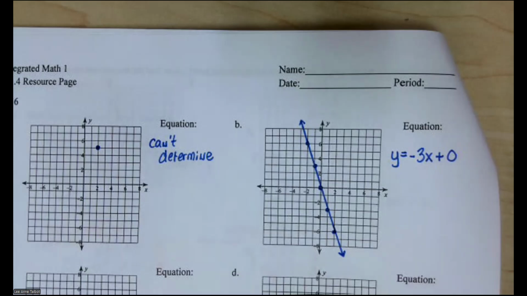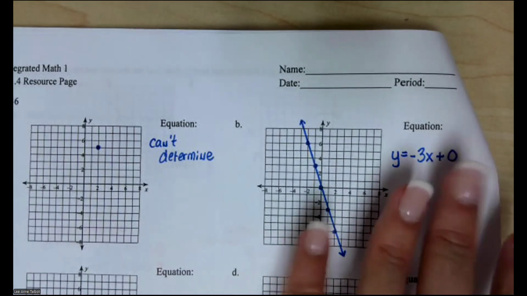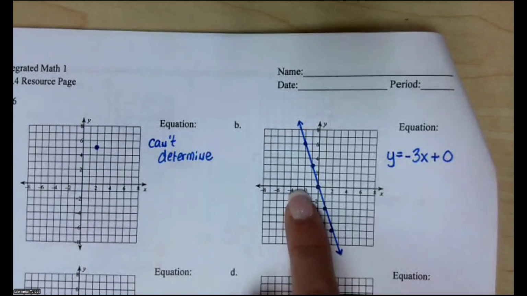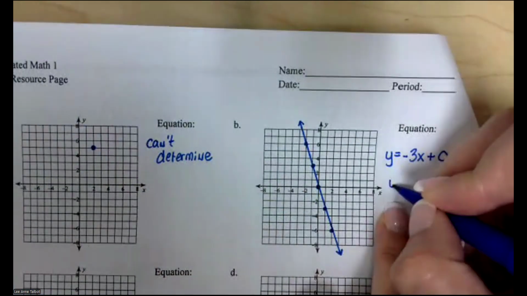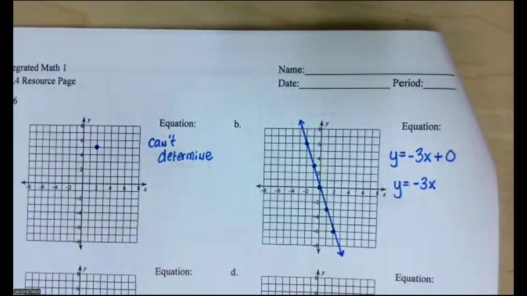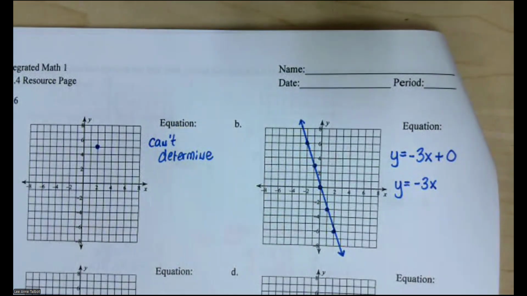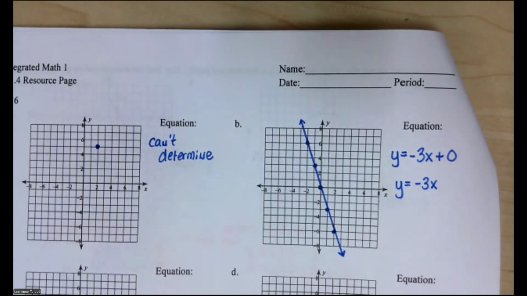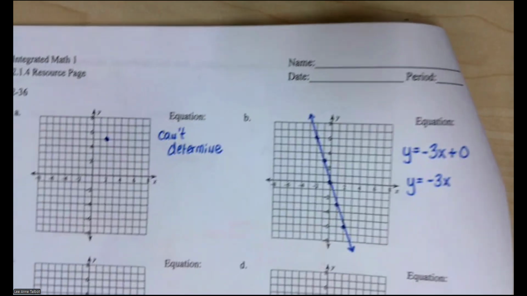I'm going to leave it like this right here on my paper for a moment so you can see that the slope was -3 and the y-intercept was 0, but you're always going to see a final answer of this. So this would be like your work, and then you would simplify it to that. If you left it -3x plus 0, though, I would not mark it wrong. It's totally fine to leave the plus 0.